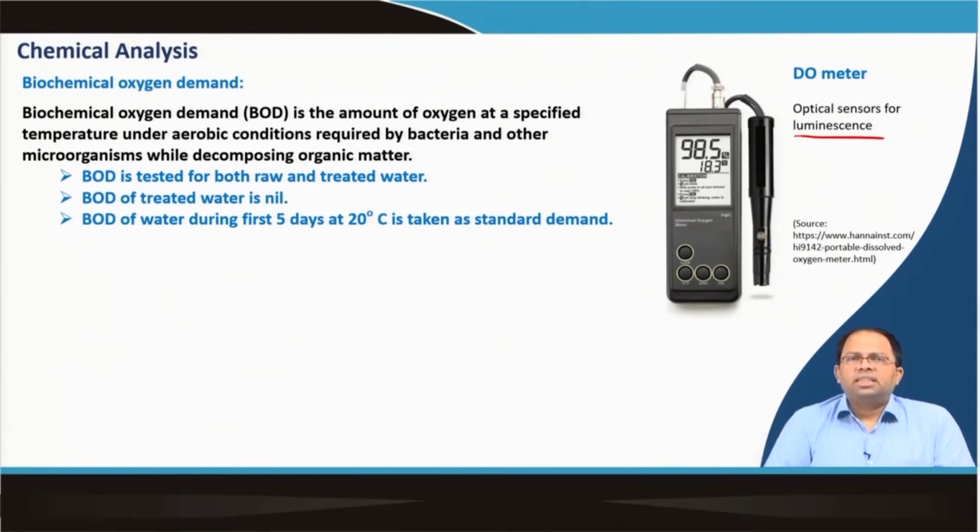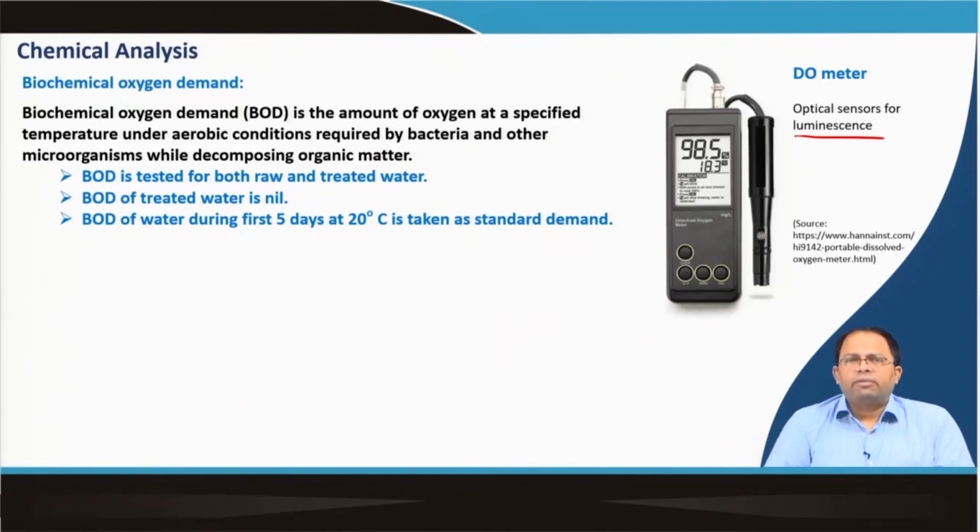So BOD is tested for both raw and treated water, and usually for treated water BOD would be 0 because all the biological activity is taken care of. But what we do is, whenever we are taking a sample of water, we measure the dissolved oxygen of that particular water, and we also then measure it 5 days after at 20 degrees centigrade.